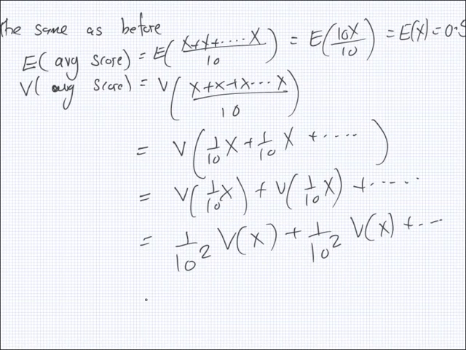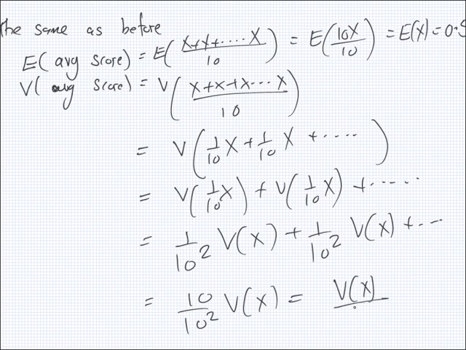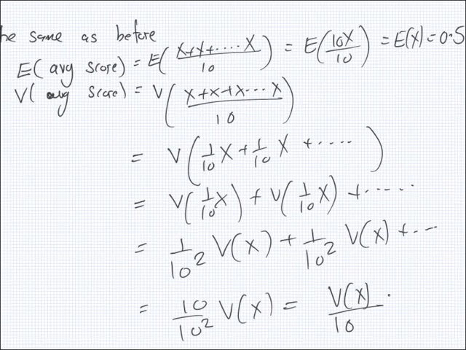This would be 10 over 10 squared times variance of x. So it ends up being 1/100 times variance of x over 10. And what was the variance of x? Originally 2.25. So now it's 0.225.